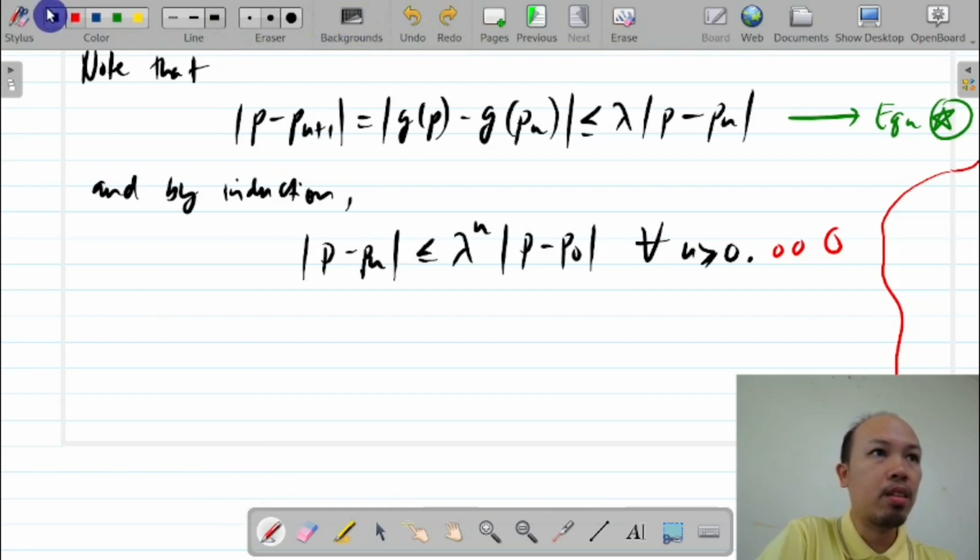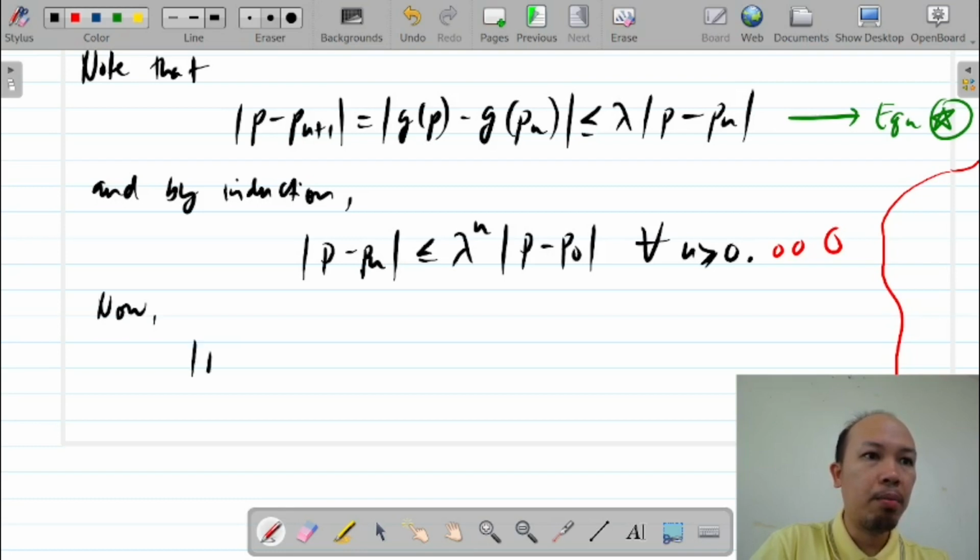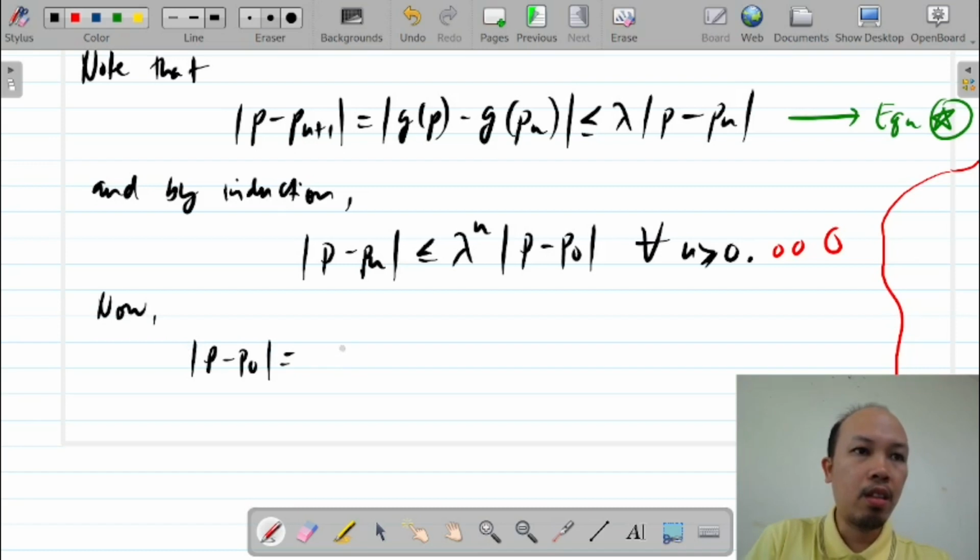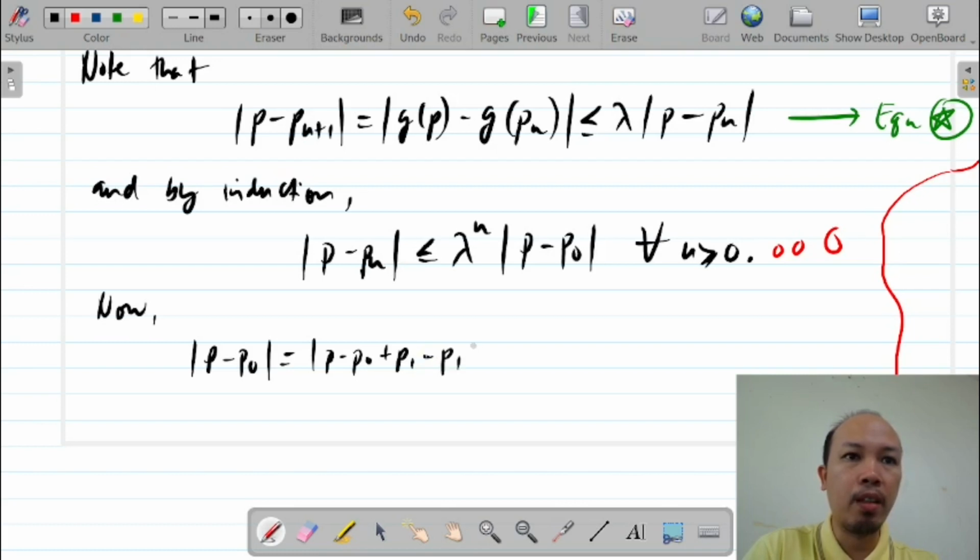Let's have this color black. Now P minus P sub 0 is equal to P minus P sub 0 plus P sub 1 minus P sub 1.